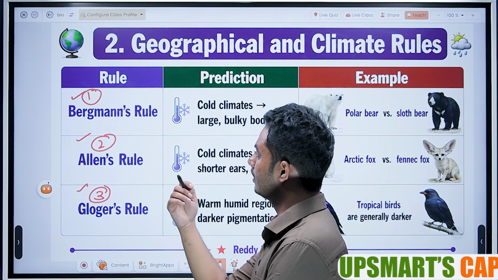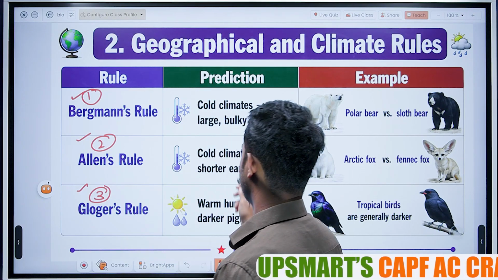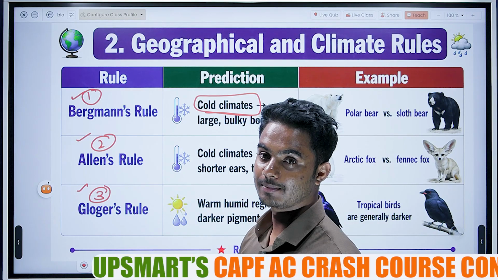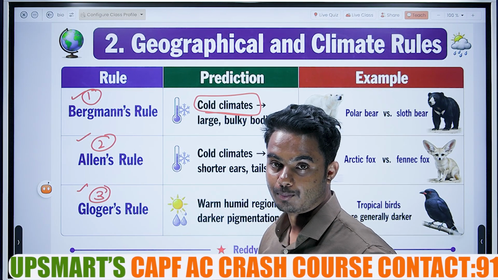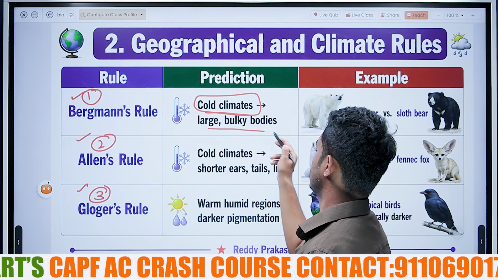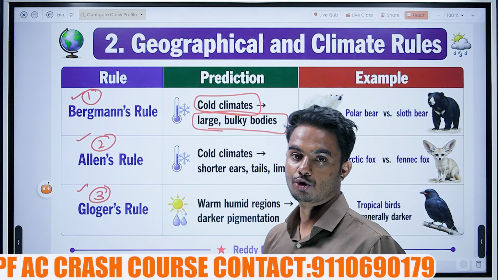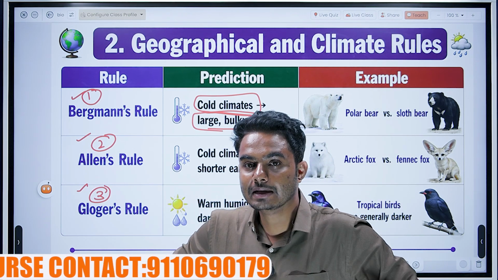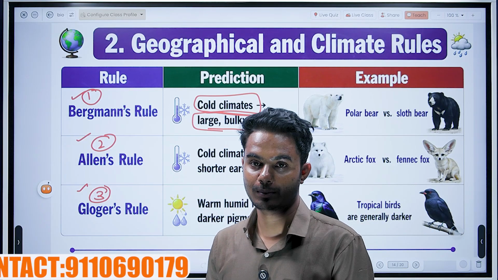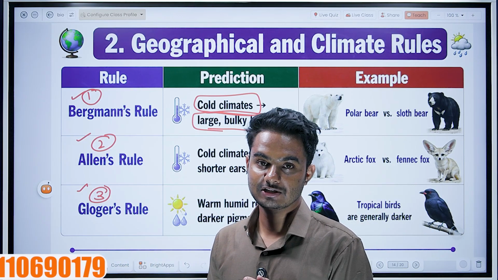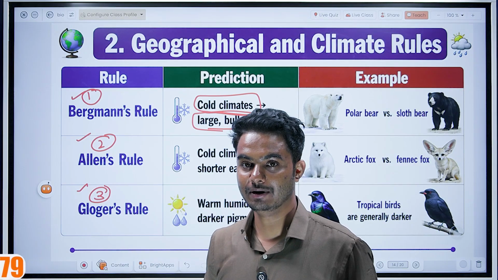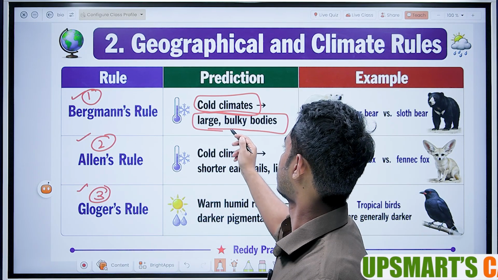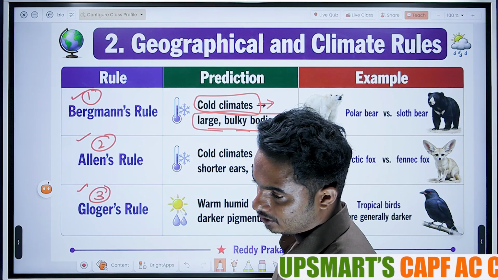It's okay, sir. Bergmann's rule means, if organisms are in cold climates, their bodies usually will be large and bulky. You would have seen Russians, right? Russian males will be somewhat bulkier because they live in cold climates, especially the eastern part of Russia. Their bodies will be large and bulky in nature.